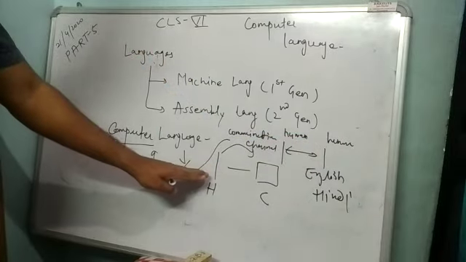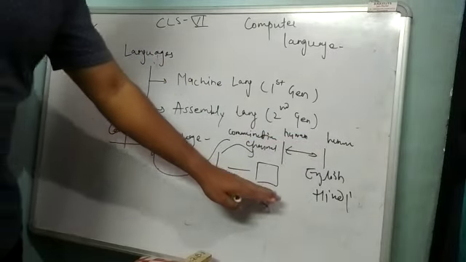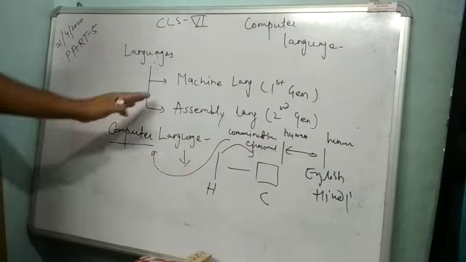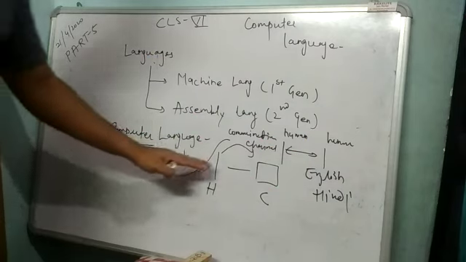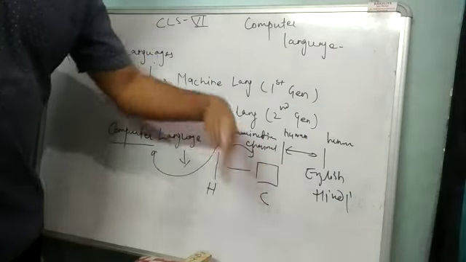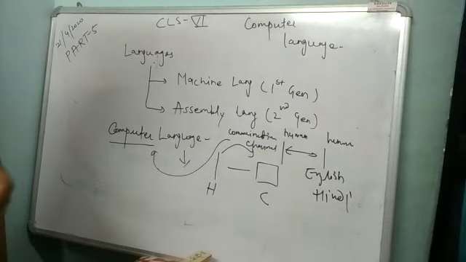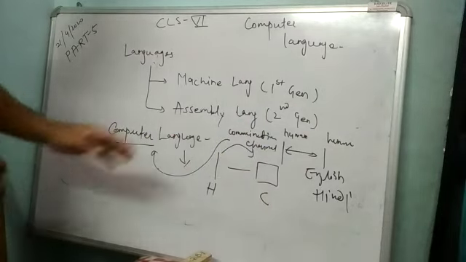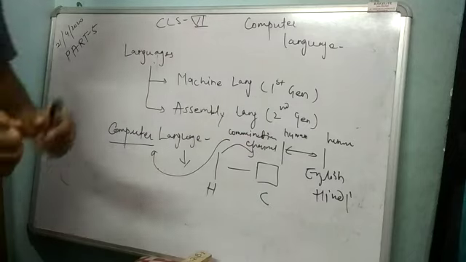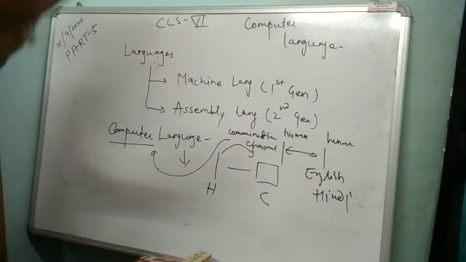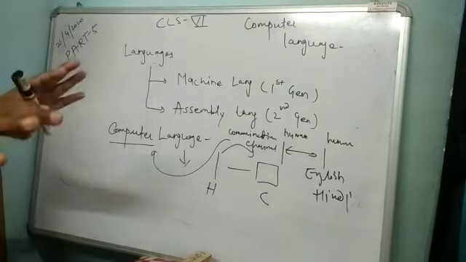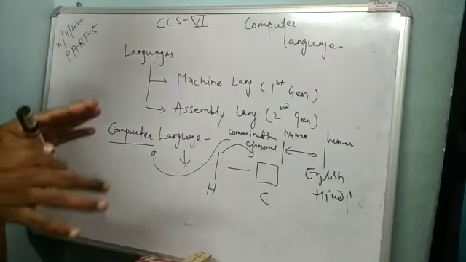Here one is human and another is computer. So we will use a computer language so that the computer can understand that you want to open the particular file. Basically, computer languages are used to create communication between user and machine. This is a very simple definition of computer language.